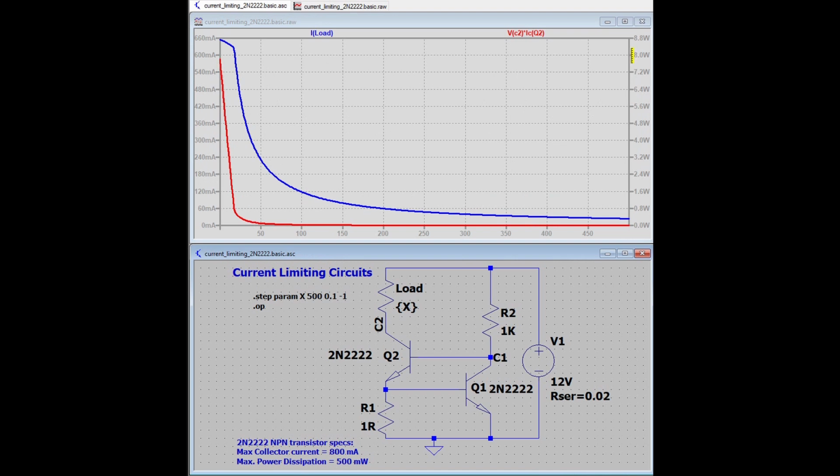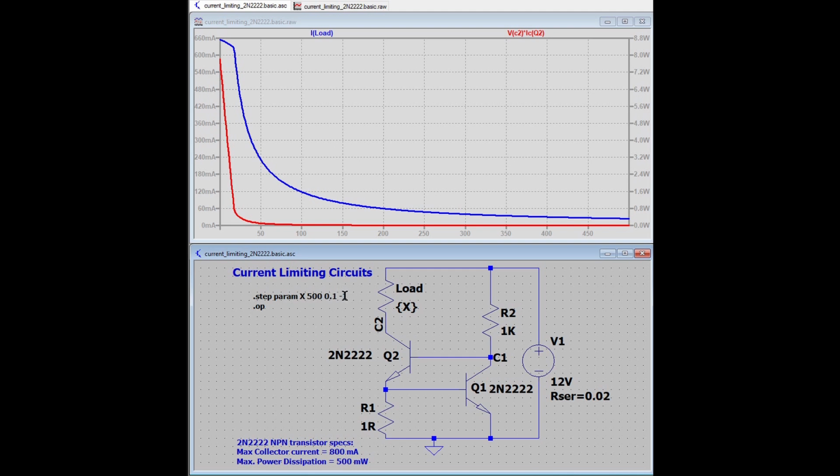The difference here, from the previous LED circuit, is that in the previous circuit we altered the power supply. In this circuit we maintain the power supply voltage and change the resistance of R1 by varying the X variable representing R1 resistance. This is achieved by the dot step param varying the value of X from 500 to 0.1 in steps of -1.